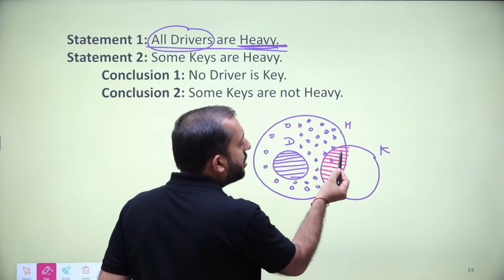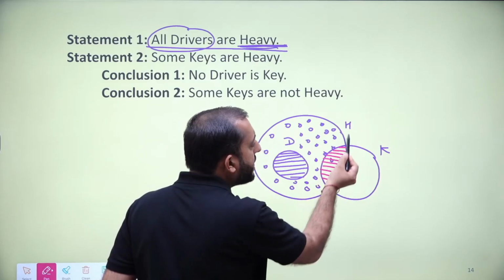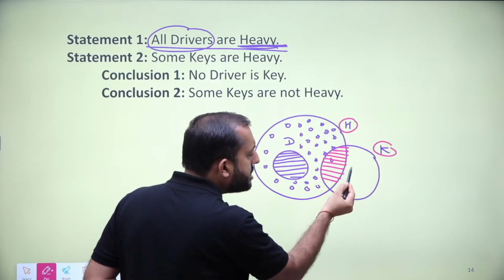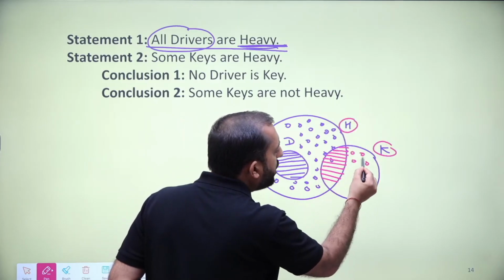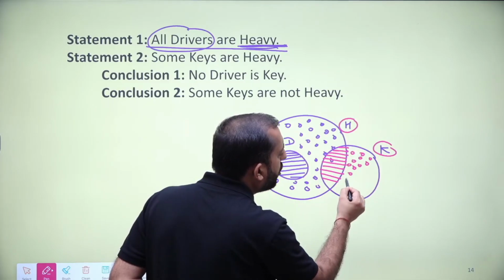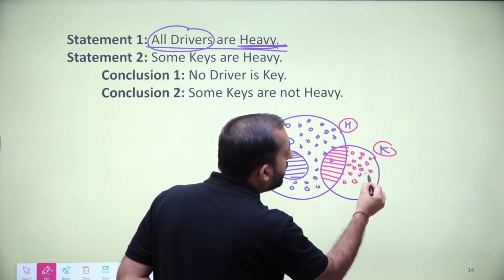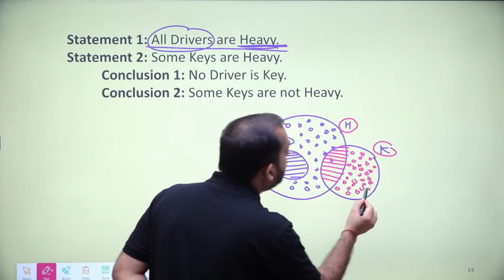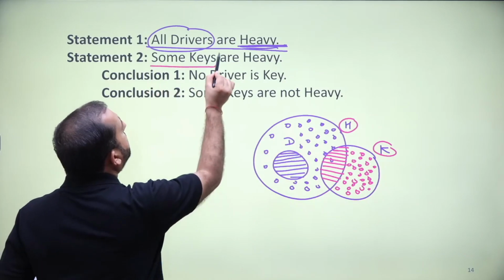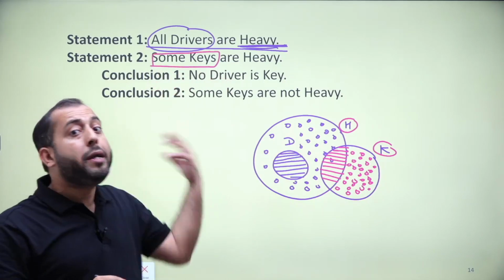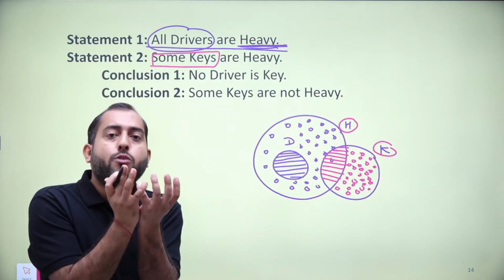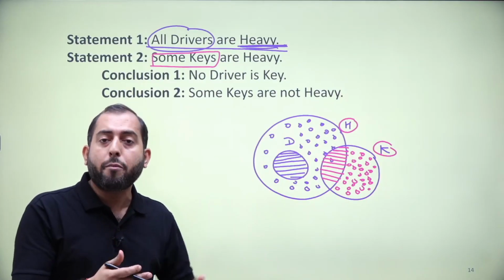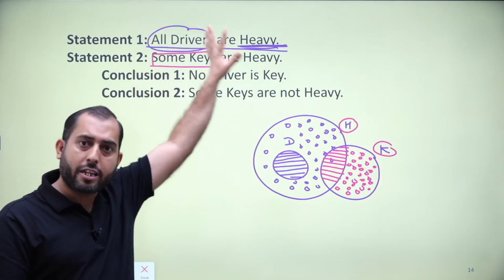So this intersection between heavy and key is definite, and apart from it the remaining part of key is indefinite, because we have information about some keys. What the remaining keys are doing, we do not have any information given explicitly in the statements.